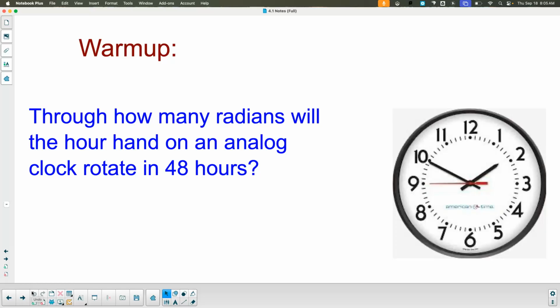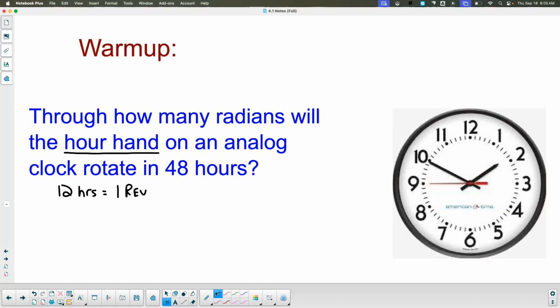So on an analog clock, how long does it take for the hour hand to get all the way around? 12 hours to get all the way around, right? Okay. So 12 hours is one revolution.